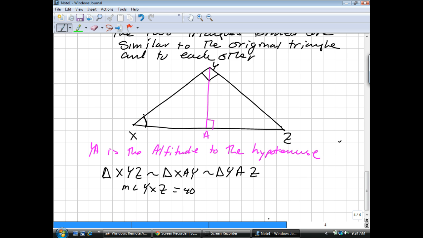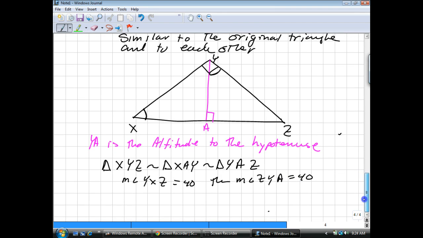If that angle equals 40, then measure of angle ZYA, this one, must also equal 40 because those are corresponding angles, okay? And then that means measure of angle YZA is equal to measure of angle XYA, which would have to, both of them would have to be equal to 50.